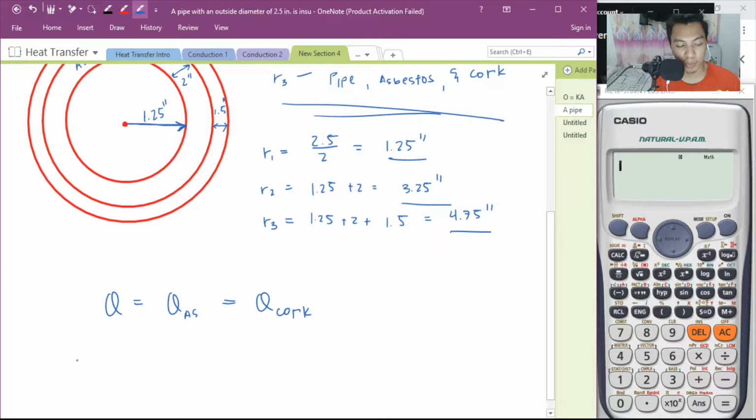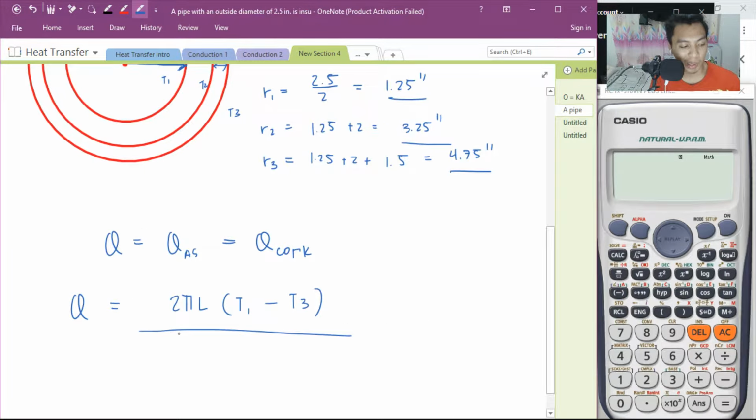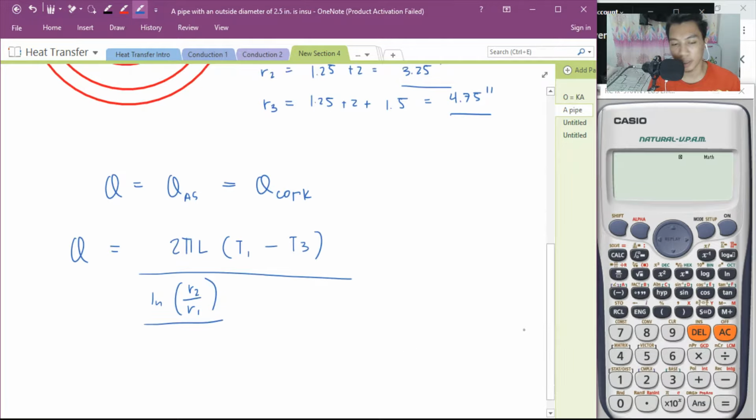So, that is equal to Q equal to 2 pi L multiplied to T1 minus T3, divided by ln ni R2 over R1 divided by K1 plus ln ni R3 over R2 divided by K2.